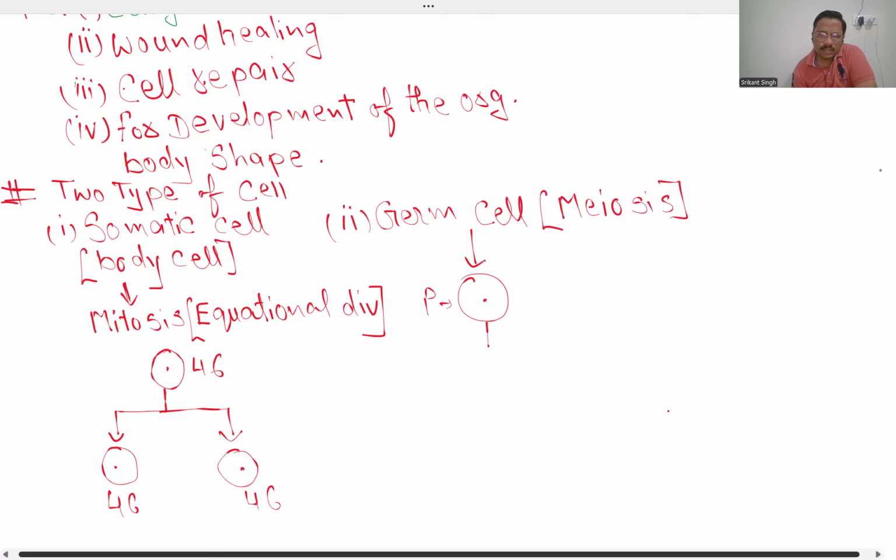Meiosis is also called reductional division.